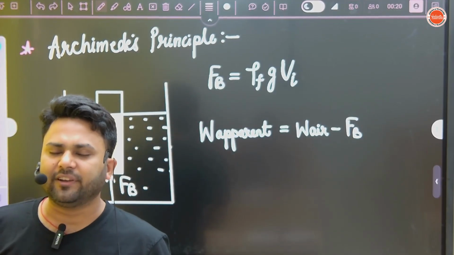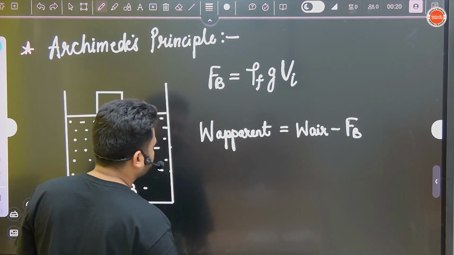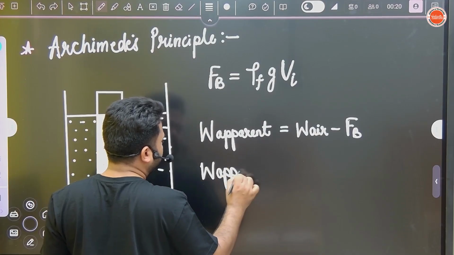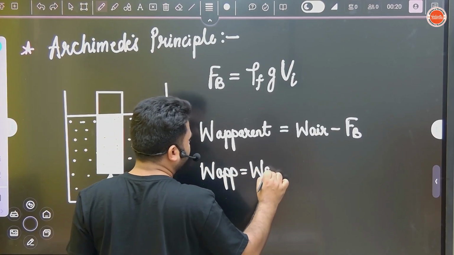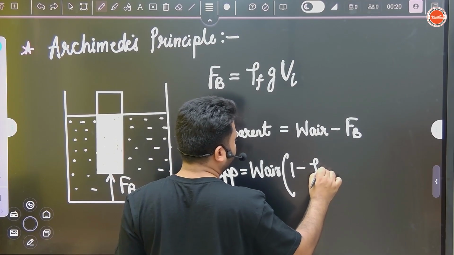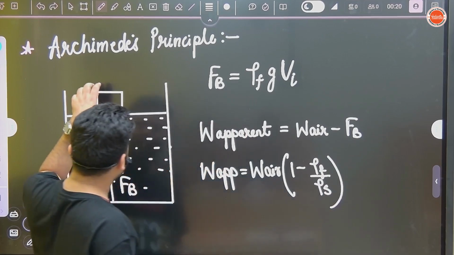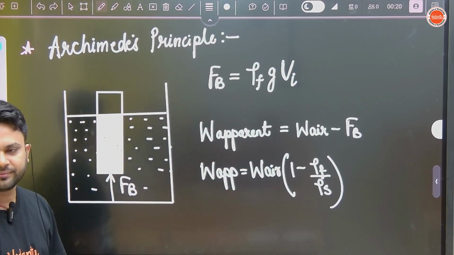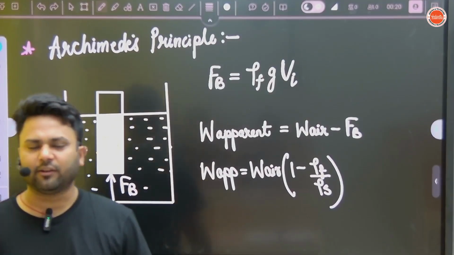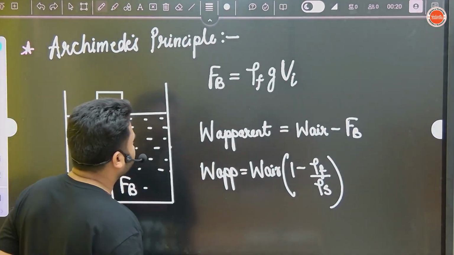Now net you feel 60. We have another formula also for the exam: apparent weight equals weight in air times (1 minus density of fluid divided by density of solid), where solid means the immersed object.